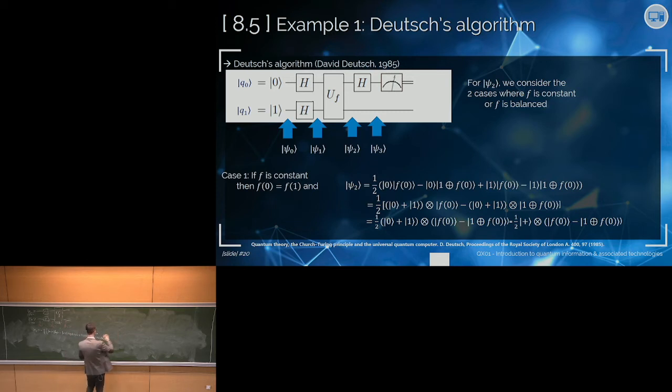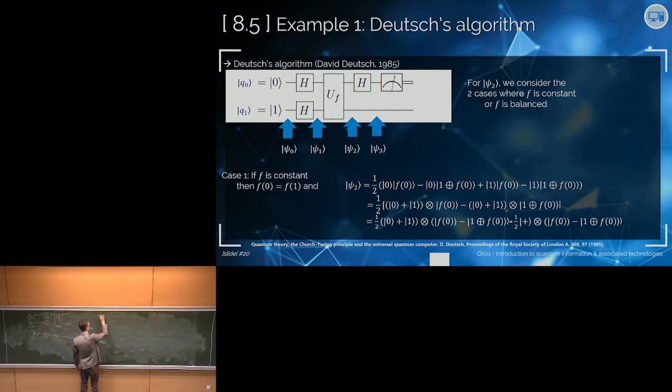So case number one, what happens if f is constant? Well, we know if f is constant, then we have f0 equals f1. So I will not touch that. This, I will set to f0, and this, I will set to f0 as well.